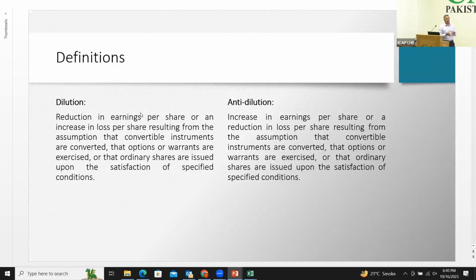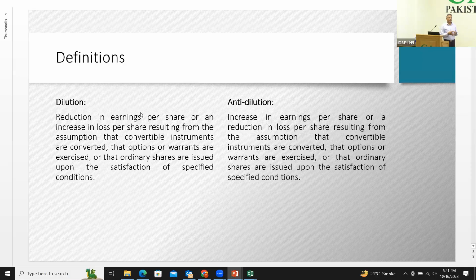A potentially issuable share will be divided into two categories: a dilutive potentially issuable share or an anti-dilutive potentially issuable share. If it's dilutive, it will become part of the dilutive earning per share. If it's anti-dilutive, then it will be ignored in the calculation of dilutive EPS.